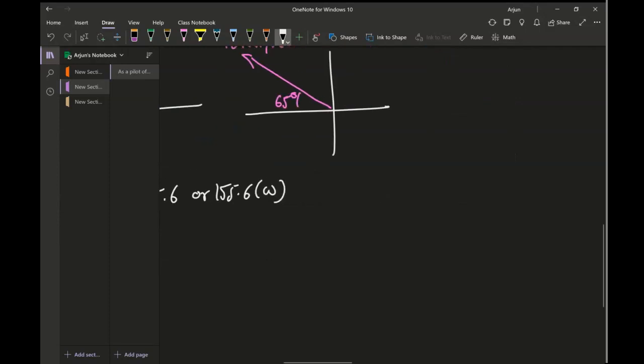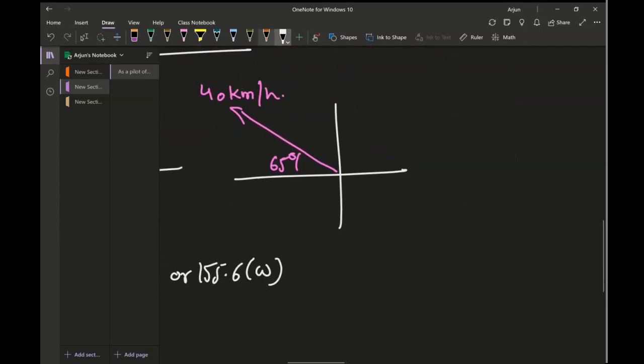And then I will try and find the component of this vector, there will be a component in the upward direction and one in the west direction. So I can draw the west component down here also. That will be better. And this is in the north direction. So VWX is equal to 40 cos of 65 degrees.